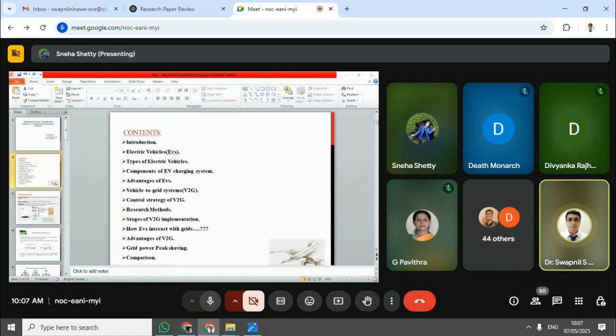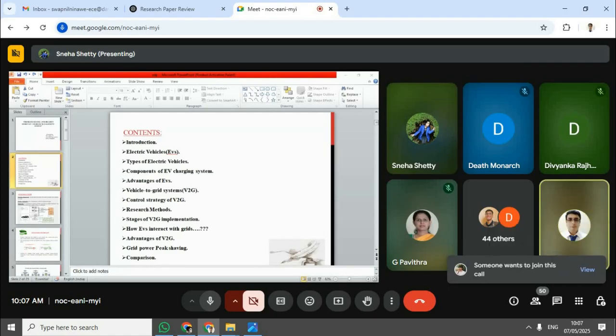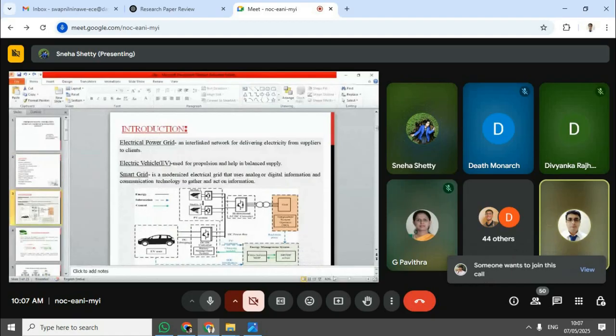You have to click on your slide bar, then only it will come. It's clicked, sir. Can you see? No, ma'am. If you do full screen, we can see it. It's in full screen mode. No, ma'am, it's not in full screen mode. Now it is coming. Now it's in full screen mode.